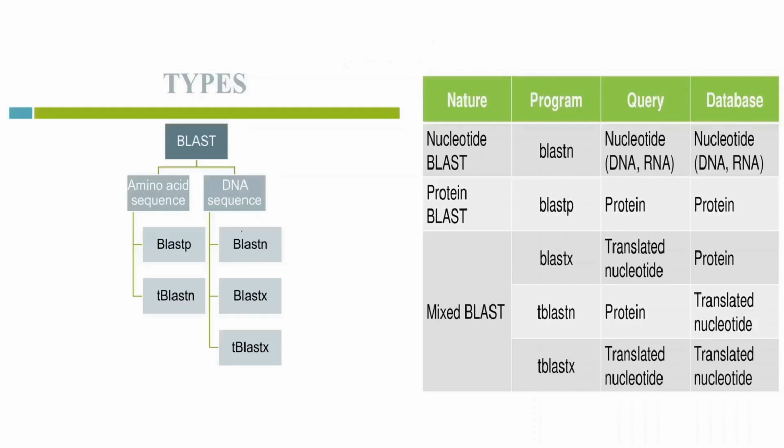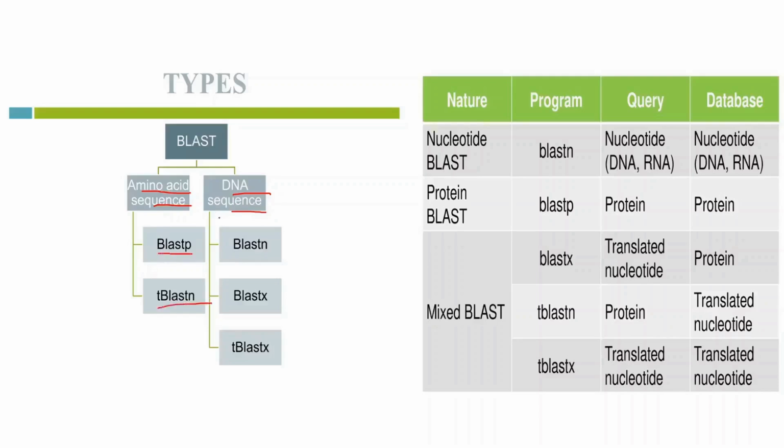In BLAST there are different kinds of BLAST, basically amino acid sequence BLAST or DNA sequence BLAST. It is categorized into two different types of BLAST. First one is the amino acid sequence BLAST and the second is DNA sequence BLAST. In amino acid sequence BLAST there are two types: the first one is BLAST P and the second one is TBLASTN.